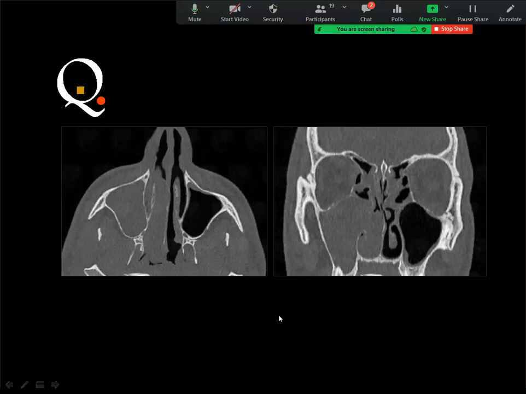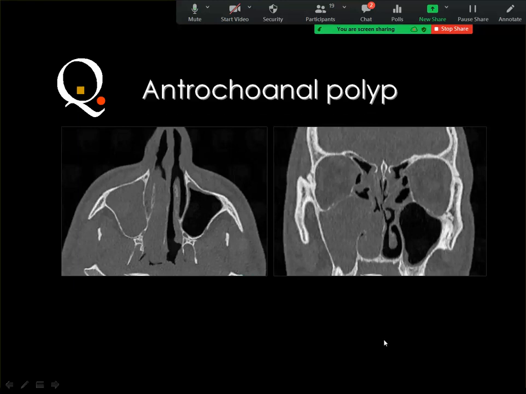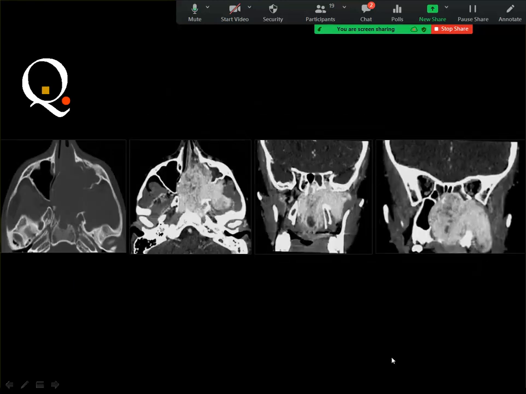Then you may say that you have said that anteroconal polyp is not associated with ethmoidal sinusitis or opaque ethmoids. This is true, but this is not a constant fact, of course, because the patient may have anteroconal polyp and ethmoidal sinusitis. But commonly, in cases of anteroconal polyp, the ethmoids are clear, while in inverted papilloma, the ethmoids should be definitely involved. Then this is anteroconal polyp.